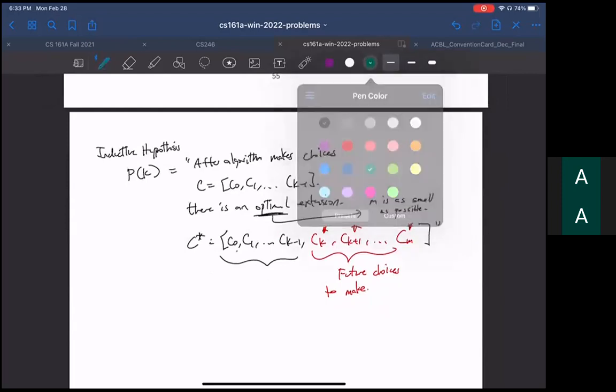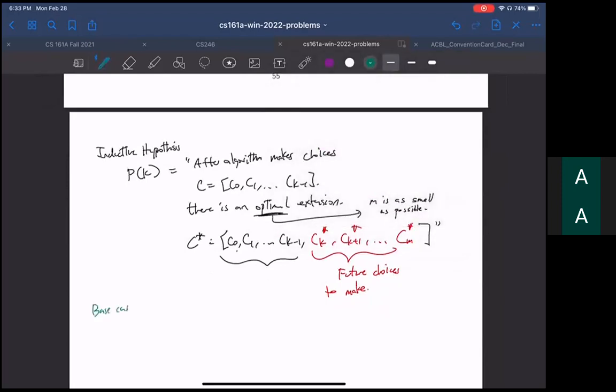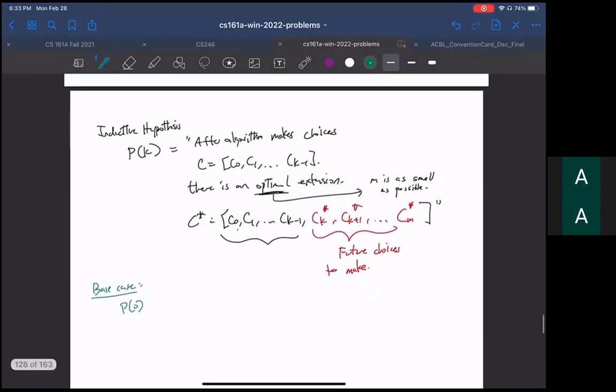All right, let's prove the base case. The base case is pretty simple, P of 0. We're saying that after our algorithm has made no choices, there is still an optimal extension. Can you think about what the optimal extension would be?